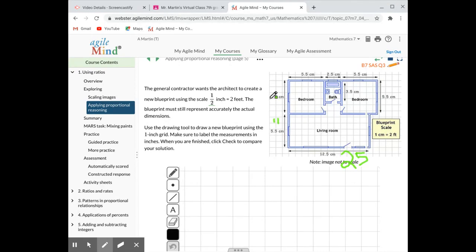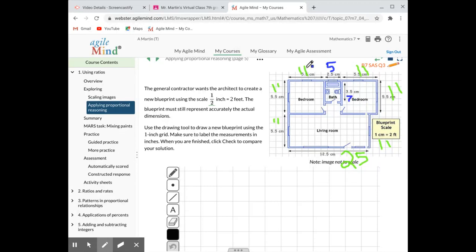So I got 11, 11, 11, 11, 11 again, and 11 again. All right. We knew that this was 5, and this was what? 3.5 times 2 was 7. Good. All right.